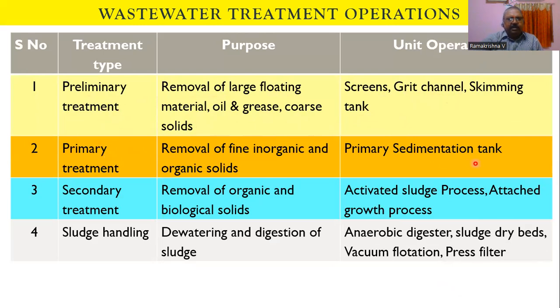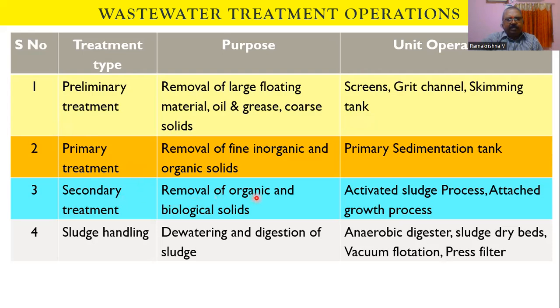The primary sedimentation tank is called primary, and the remaining, the screen, grit channel, and skimming tank, mainly remove oil and grease and are called the preliminary treatment system. In some places the treatment system will stop at the primary stage, depending on the concentration of the impurities. Otherwise, it can go for a secondary treatment system.